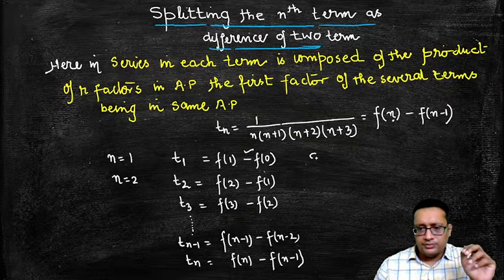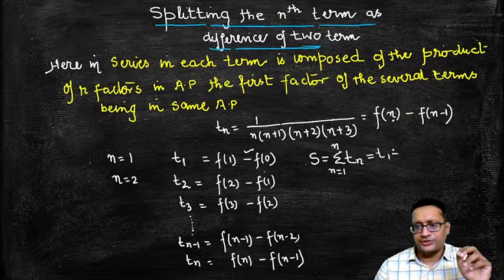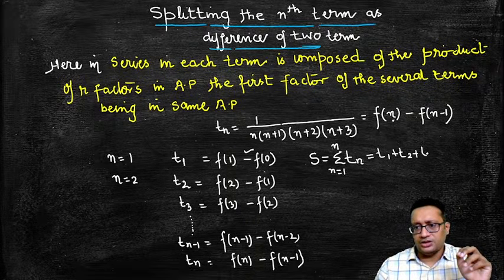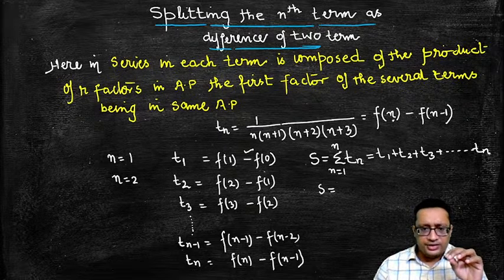What is the sum of the series? S is equal to sigma Tn, n equal to 1 to n. It means T1 plus T2 plus T3 up to Tn. So the sum is the addition of all these terms. Just have a look at how it gets cancelled.